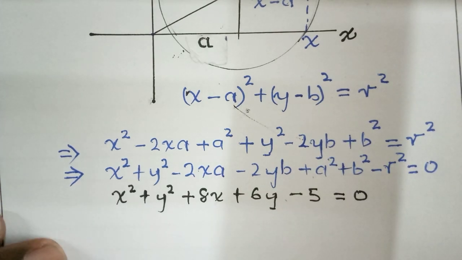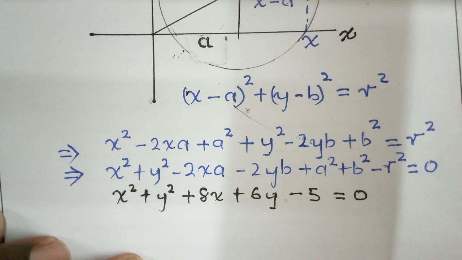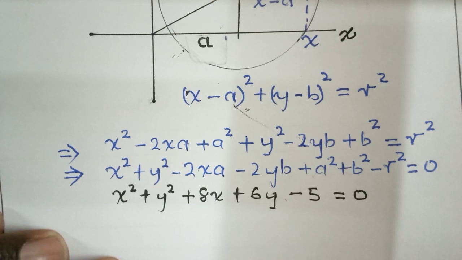And we are told that this is the equation of a circle. We are supposed to find the radius and the coordinates of the center of the circle, that is A and B, given the equation.